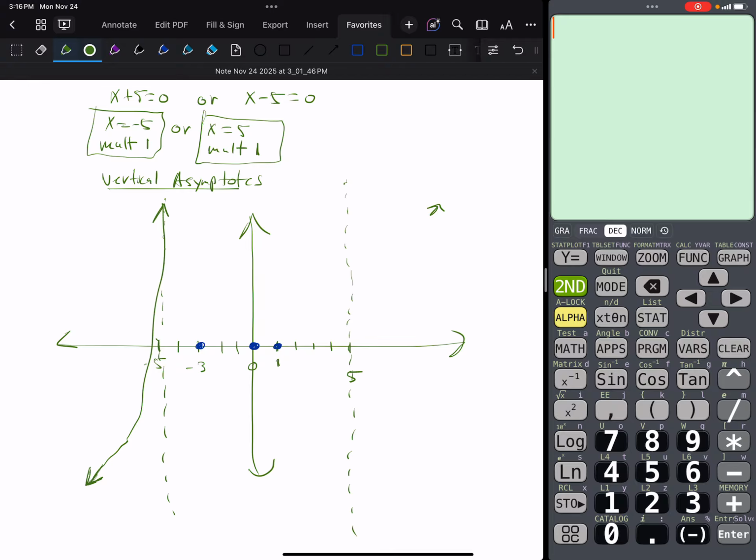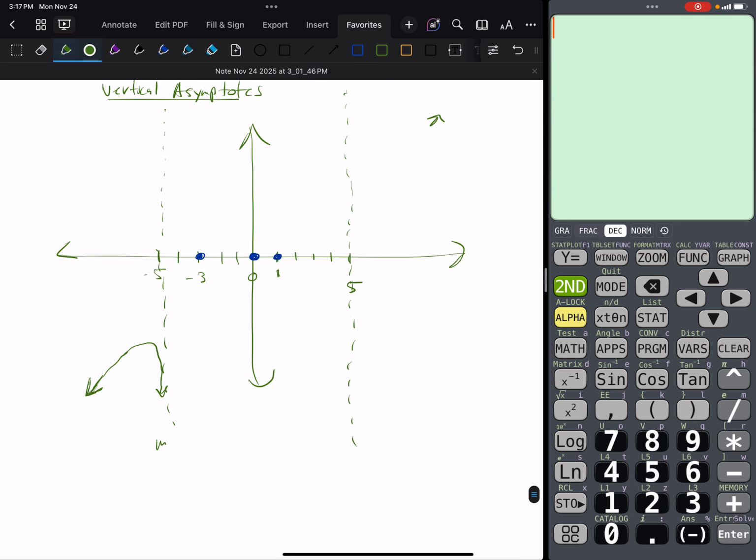I can't approach that asymptote for this direction because I don't have a y-intercept there, or an x-intercept there. And so since I can't cross that x-axis, at some point I have to turn back around and approach that vertical asymptote in that manner. Now, this was an odd multiplicity 1 asymptote, just like this was a multiplicity 1 asymptote.